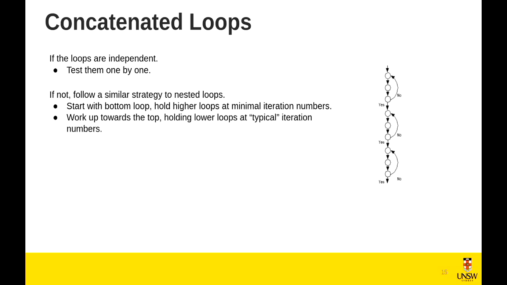And if they are interconnected, we use a similar strategy to the nested loop. So we start with the bottom loop and hold the higher loops executed for the minimum number of times, and then we work upwards all the way up. Actually, all the way we deal with nested loops and concatenated loops, we use a bottom-up strategy to keep our design organized.